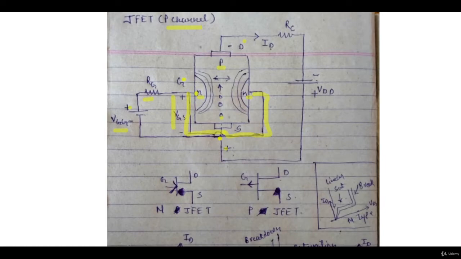So they are reverse biased, but the voltage you are applying is positive. The FET is still in the reverse bias stage, but the value you are applying is positive.